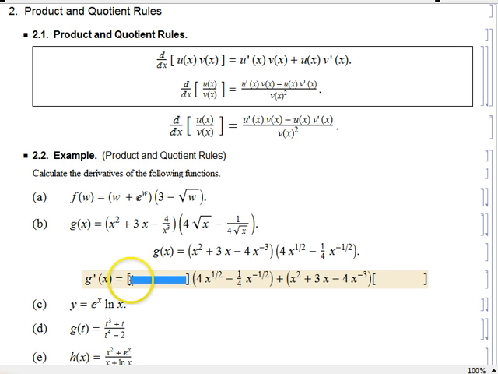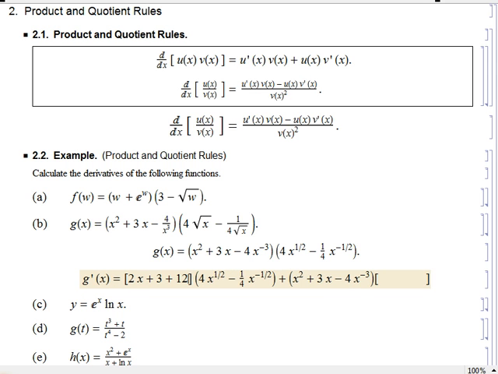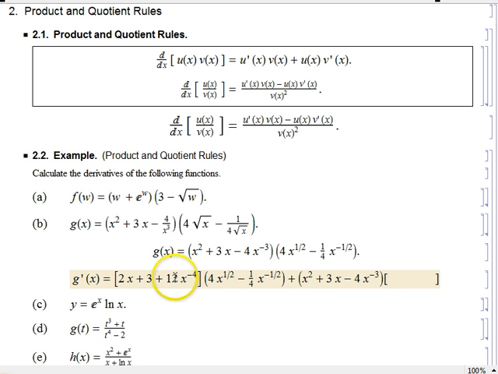Okay, let's go ahead. Derivative of x squared, 2x. Derivative of 3x, that's 3. The derivative of minus 4x to the negative third power plus 12x to the negative fourth power. So that comes from the first function.